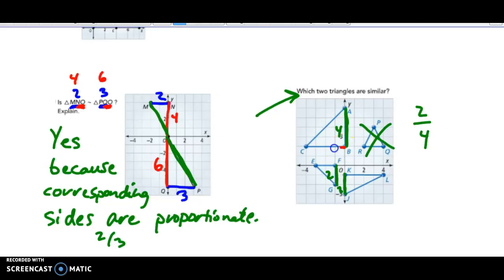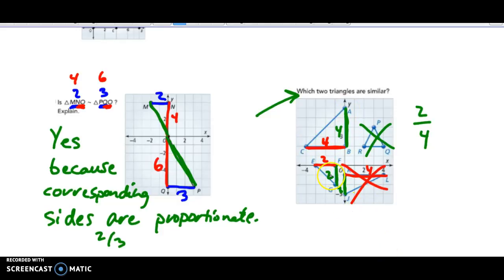Now let's compare the other leg that makes up the right angle. So we have 1, 2, 3, 4 units here. So this is 4 again. And I need to compare that to this, which is 2, and to this, which is 4. So I know that this triangle is no longer in proportion to this one because both of these side lengths are the same and these are not. So I'm going to cross this one out.